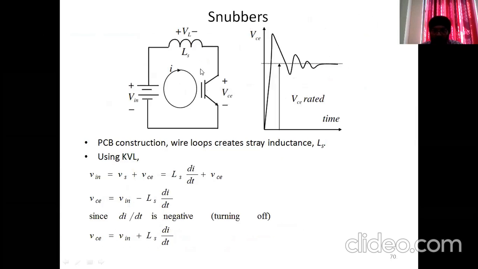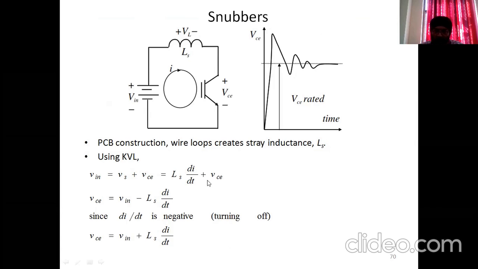Now, snubber circuit. When we connect this switch in any circuit over here, we have a circulating current due to the stray inductance created in any wire or any wire in a PCB.